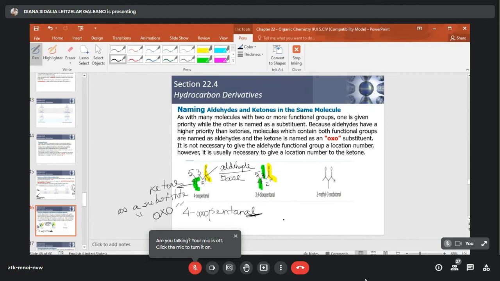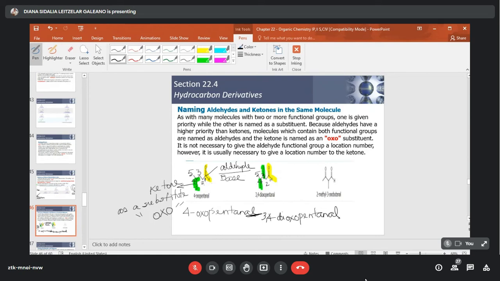The name is still pentanal. No number because aldehydes are in carbon 1 and the oxo groups are in carbon 3 and carbon 4. So it will be 3,4-dioxo for the carbonyl groups.